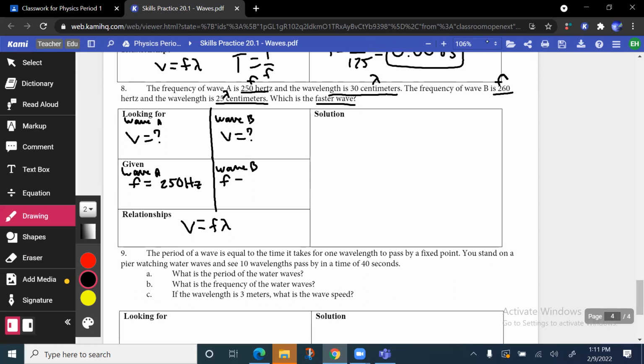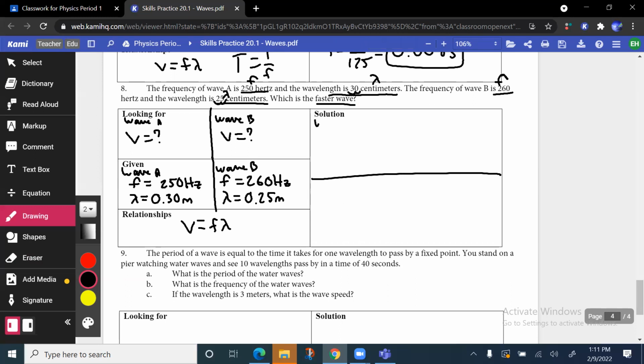We are given that wave B has a frequency of 260 hertz. We are given the wavelength of wave A is 30 centimeters. If we move the decimal 2 spots to the left, the wavelength is 0.30 meters. And for wave B, moving the decimal 2 to the left, the wavelength is 0.25 meters.